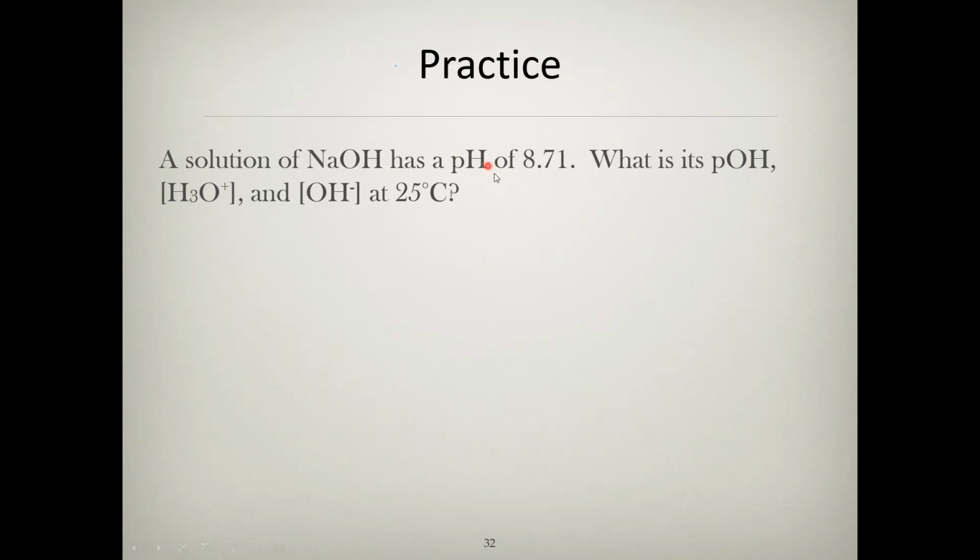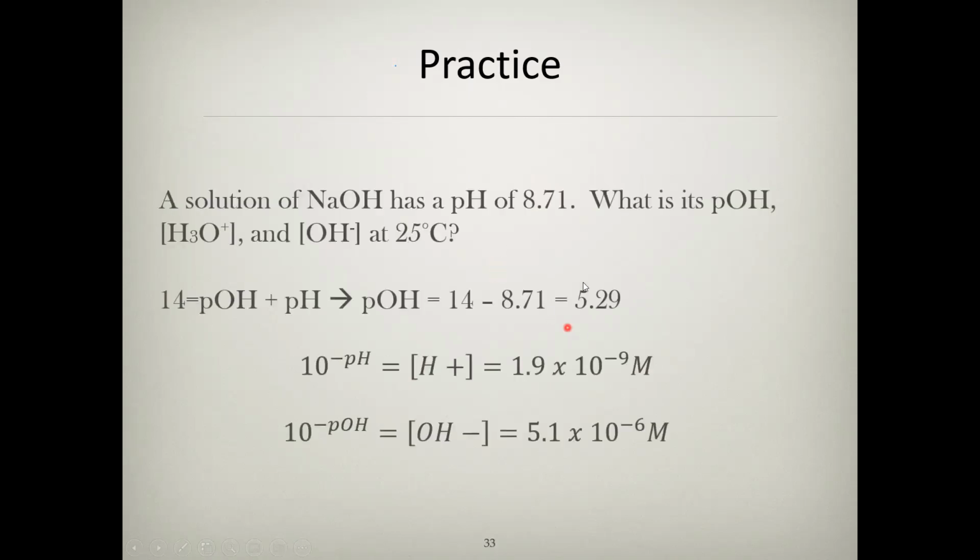And since we're given the pH, we can just do 14 minus 8.71 to get that pOH. And then since we already had the pH, we can get the hydrogen ion, which is going to be the same as the hydronium, fairly easily by just doing 10 to the negative pH. We'll see it's 1.9 times 10 to the negative 9th molar there.